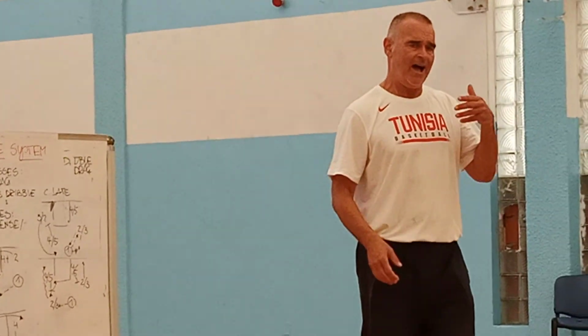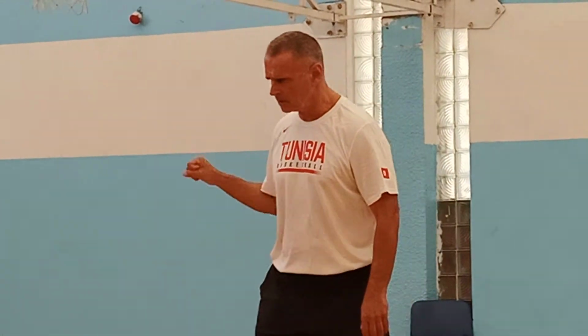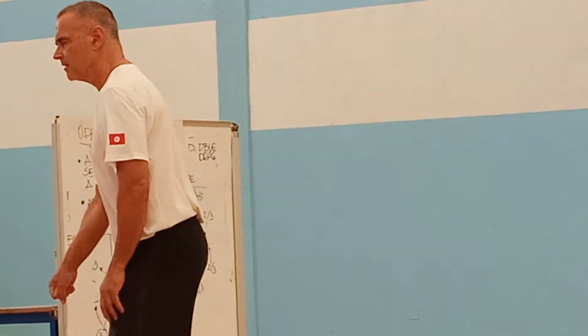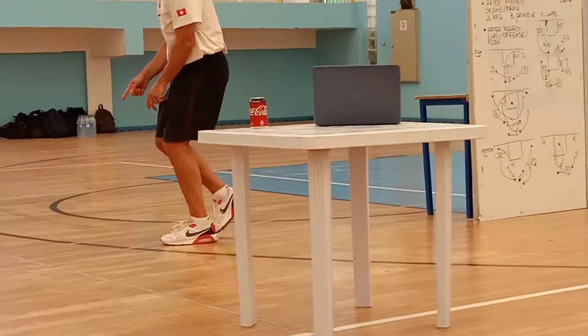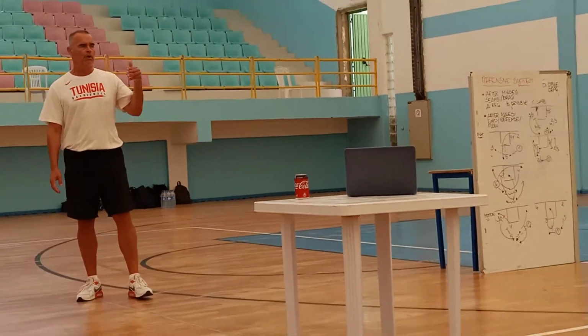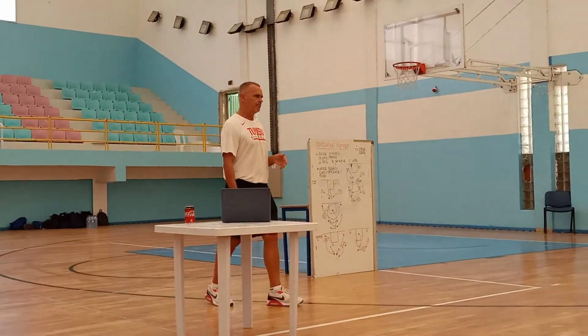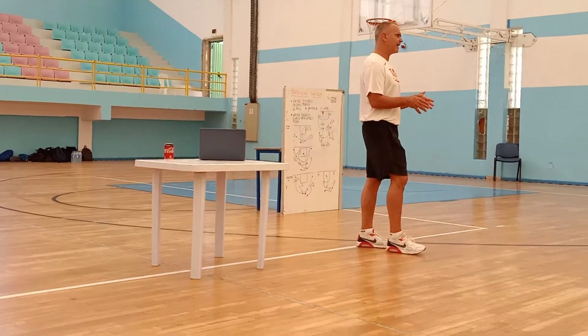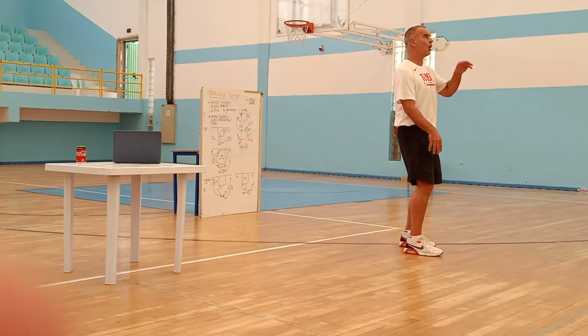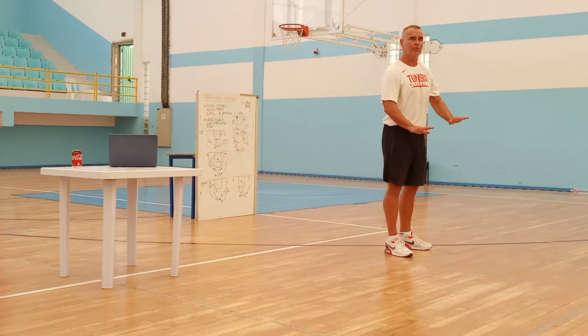Because after makes, we don't want this, that, two, everybody, no, we don't want that. We want to get into our stuff quickly and run it before the defense can start pressuring. Now, oh, they're running 2A, it's a pick and roll, and we don't want that.